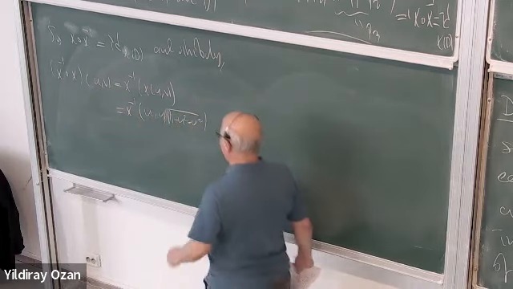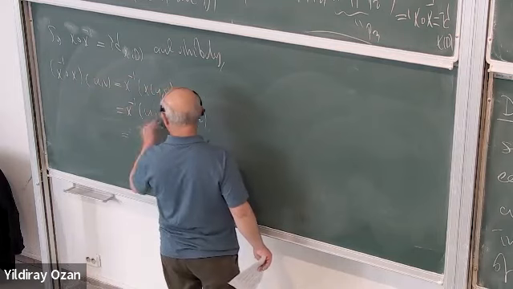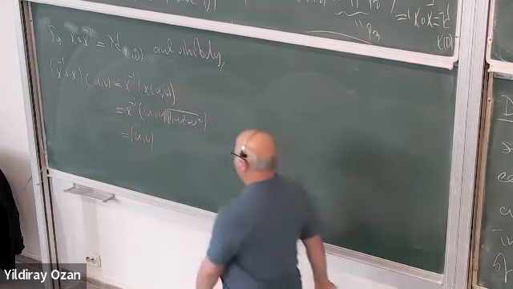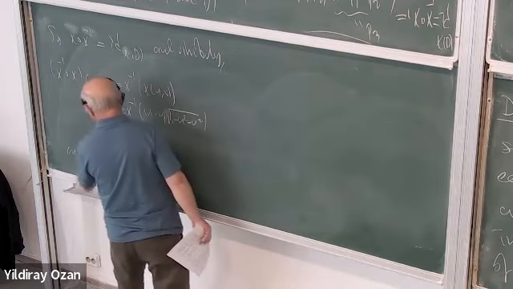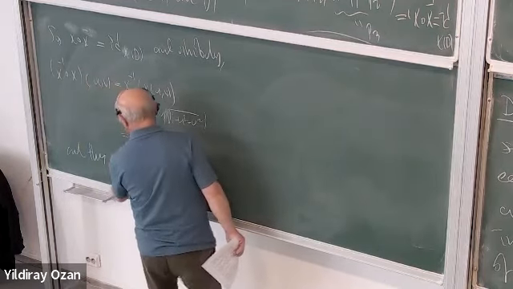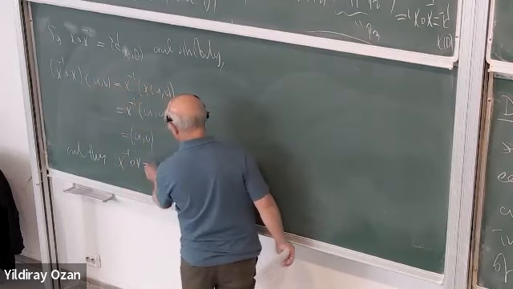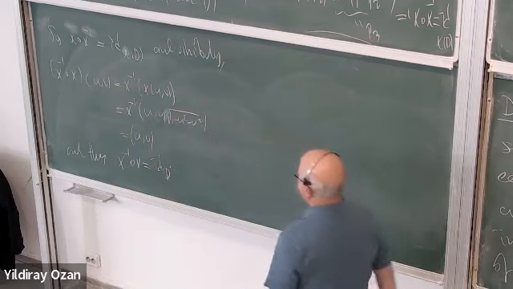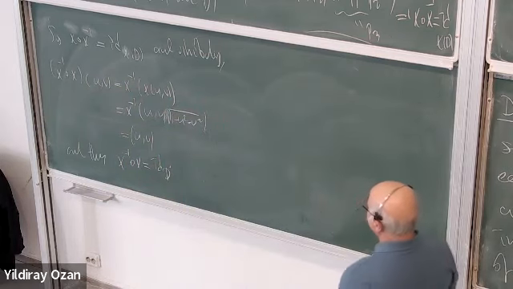But what is X inverse of this? Well, it is just the projection onto the first two coordinates, which is just this. Hence, X inverse composition X is just the identity function of D. Okay, so they are inverses of each other.